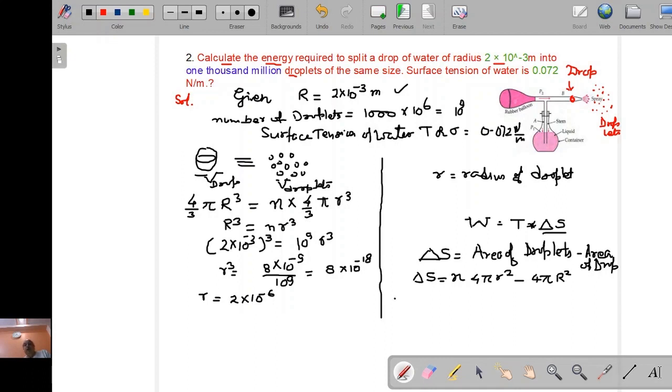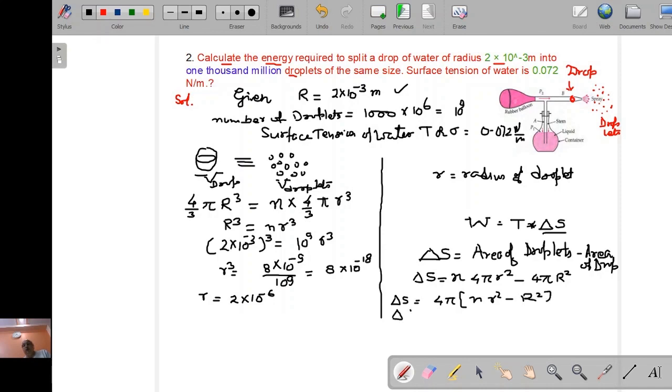Then delta S is equal to 4 pi, taking out n, r square minus capital R square.